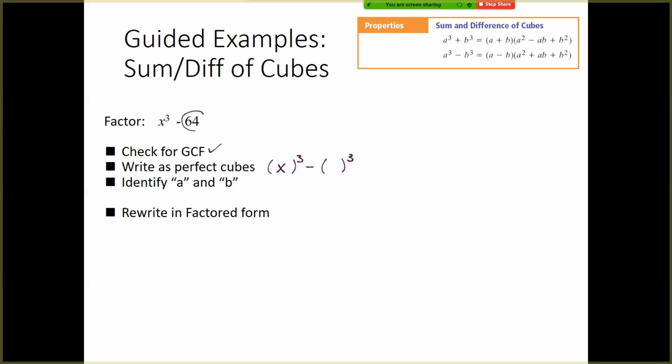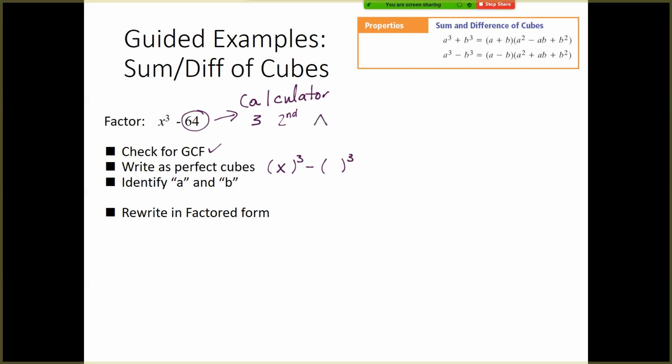So the easiest way to do this, if you don't know, is to use your calculator. So grab your calculator. In your calculator, I want you to type 3, then hit your second button. Then you're going to hit your caret key.